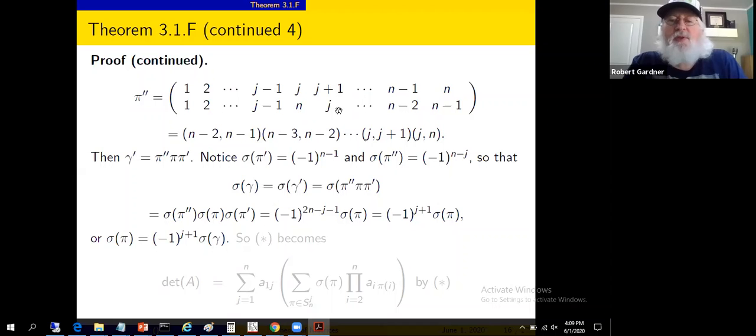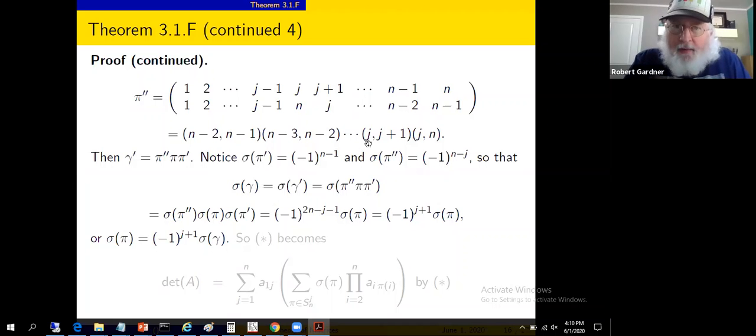All right, this permutation, trust me, can be written as this product of transpositions. I need to count them. Here's an n minus 2, n minus 3, n minus 4, down to j. So how many do you have here? They range from j up to n minus 2. I want to count the number of transpositions. Forget this last one for a second. That'd be the big number minus the little number, n minus 2 minus j.